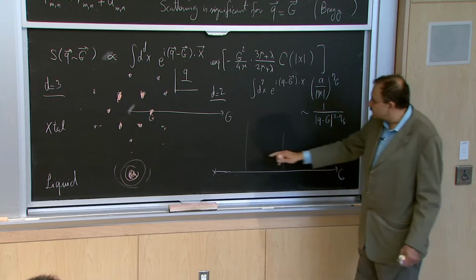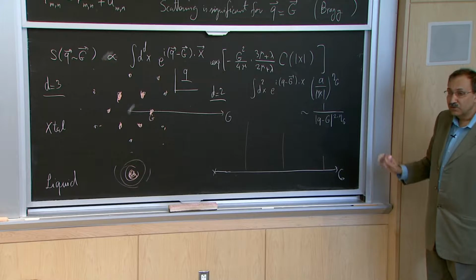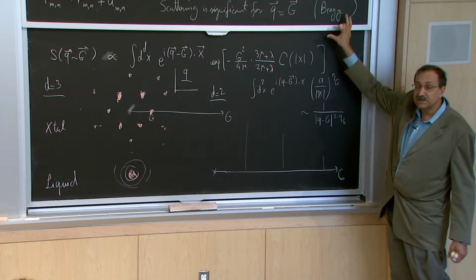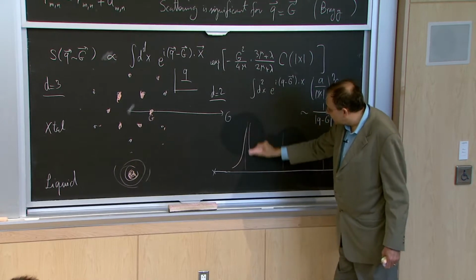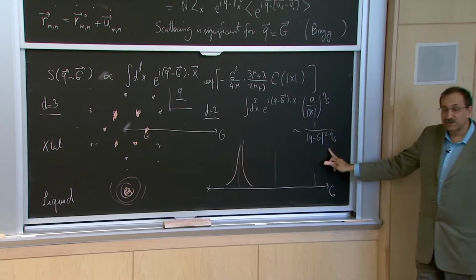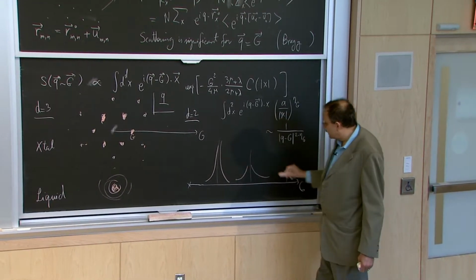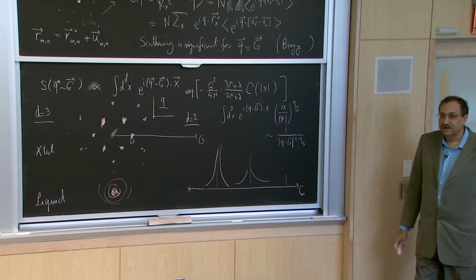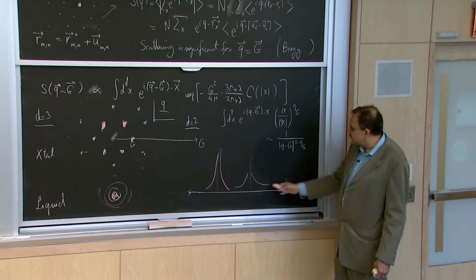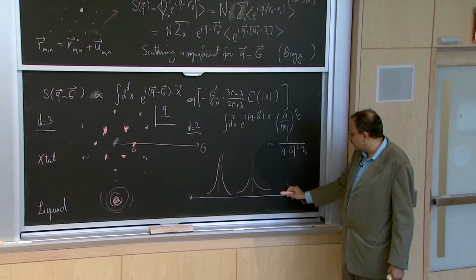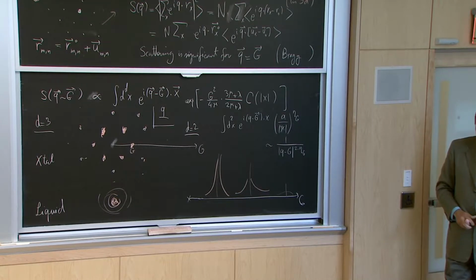In 3 dimensions, you would have been seeing a delta function at each of these positions, whose strength is governed by this Debye-Waller factor. In 2 dimensions, you will essentially see power laws close to each one of them. But as you go further, the exponent of the power law changes. So at some point, you even cease to have a divergence, but you can essentially ignore anything like that happening.